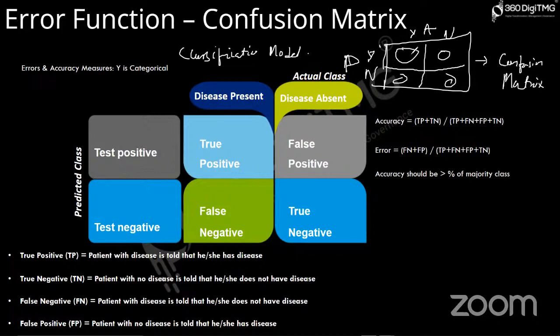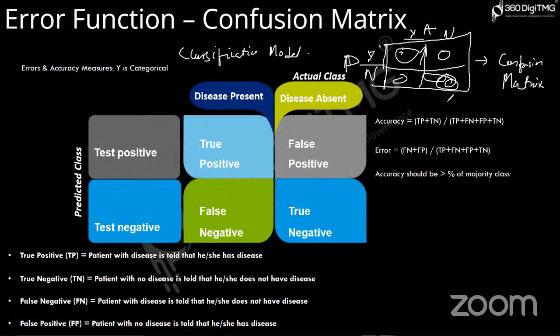Now we see that this is yes, this is also yes, meaning for actual yes, predicted yes is also there. So whatever this value is, it has both yes. Similarly, for both no we also have a value.